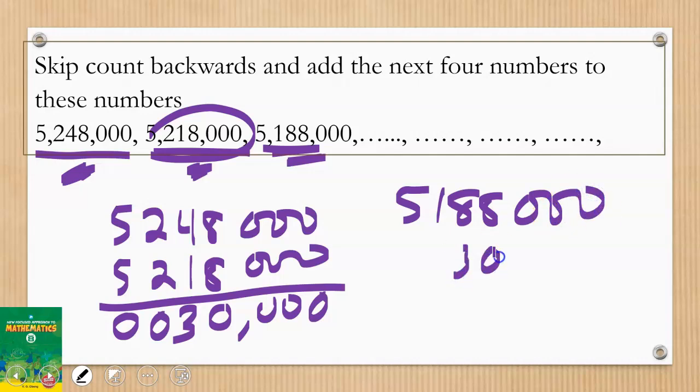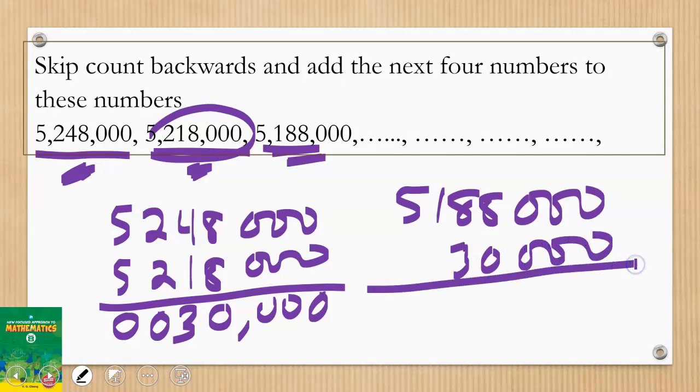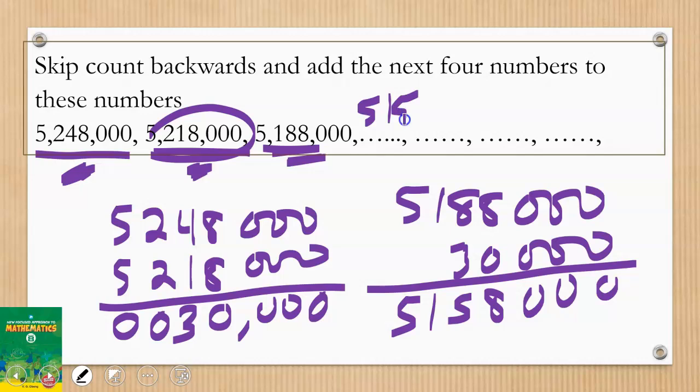So we are going to do this subtraction. Of course, this will be 000. And the next number that follows should be 515,810 with 3 zeros. So that's the immediate one that will come.